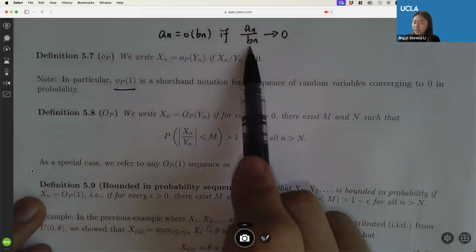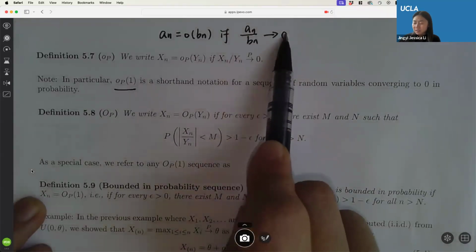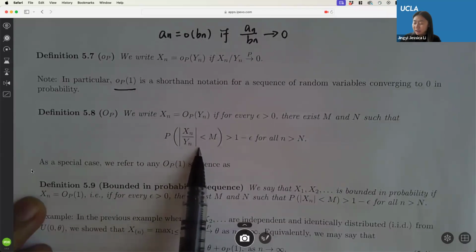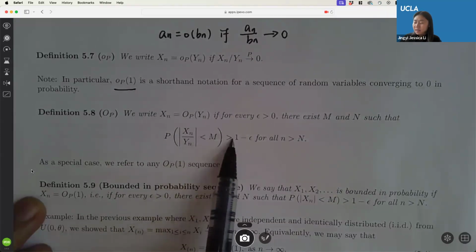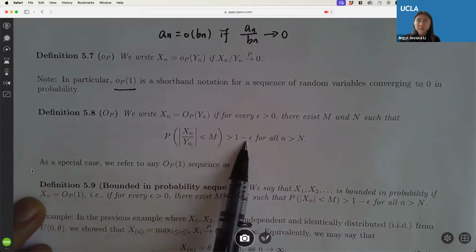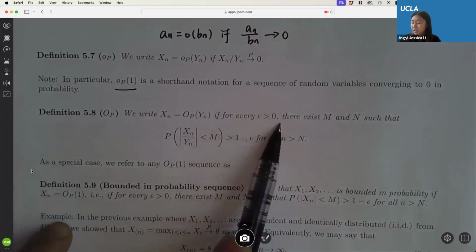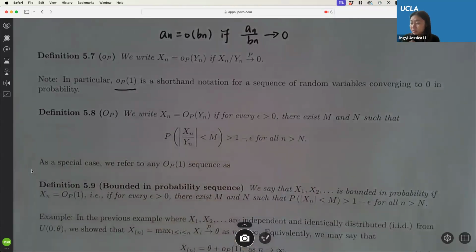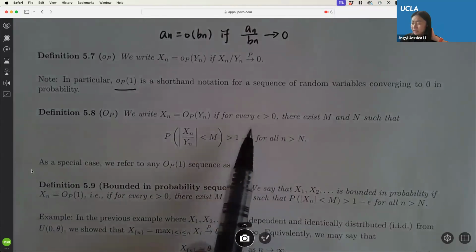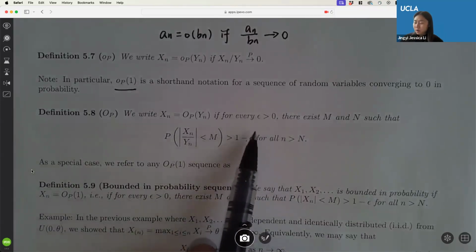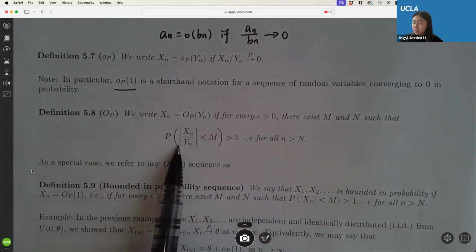Previously, we just had the limit bounded, right? Now we will have the limit bounded with high probability. So essentially, you just apply this convergence in probability definition here.